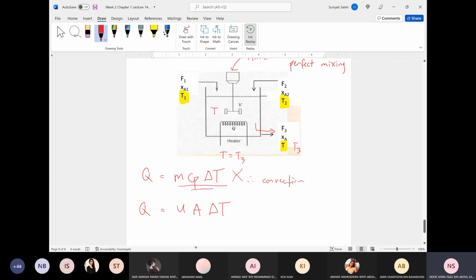We note that the flow rate here is mixing inside, but the Q here does not mix with the solution inside.